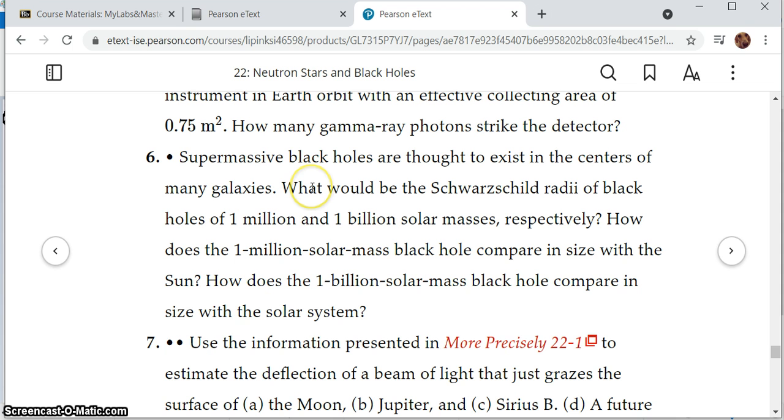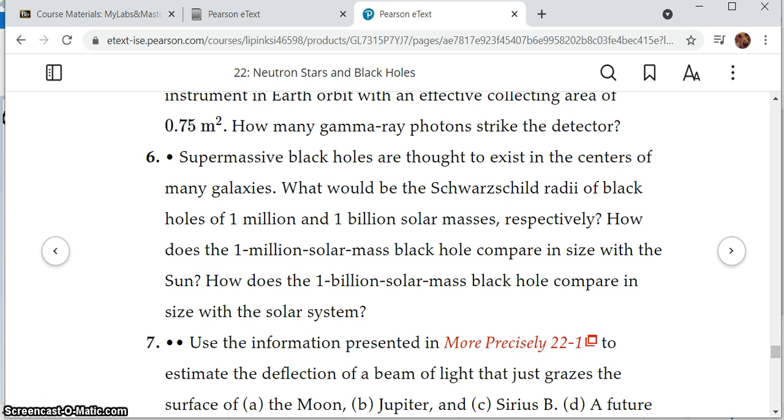In fact, we've been verifying that for many years. Anyhow, what are the Schwarzschild radii of black holes of 1 million and 1 billion solar masses, respectively? How does the 1 million solar mass compare in size with the sun, and how does the 1 billion solar mass compare with the size of the solar system?